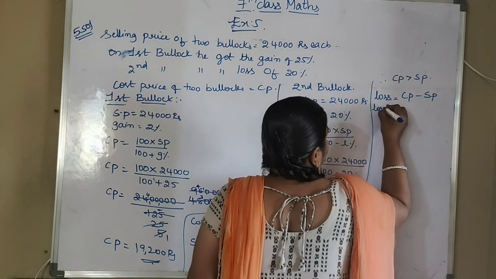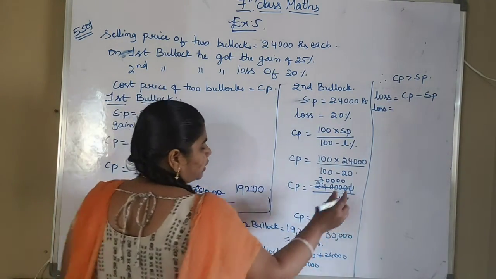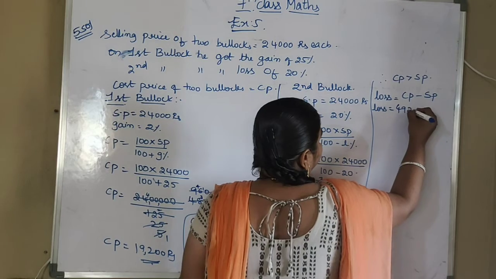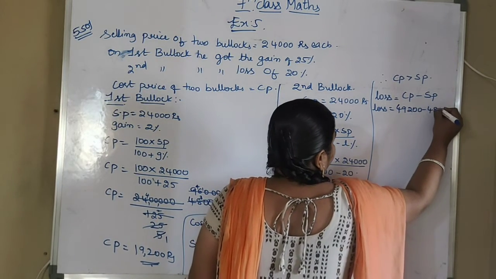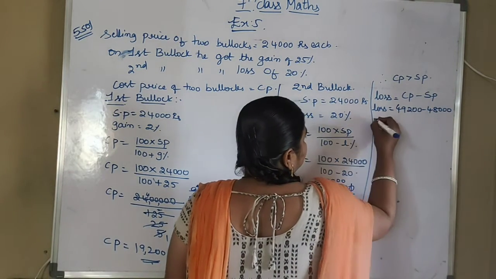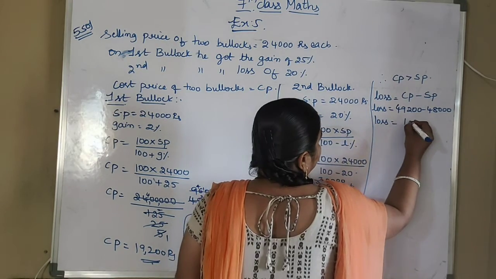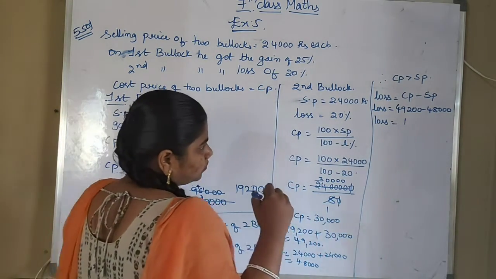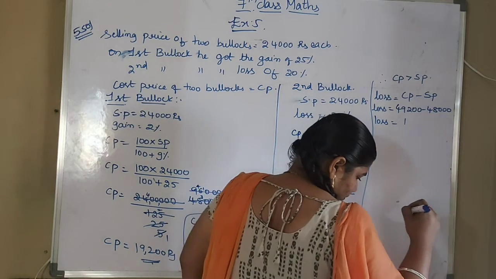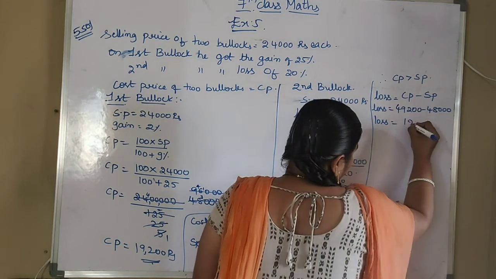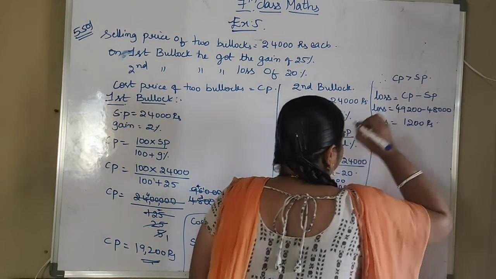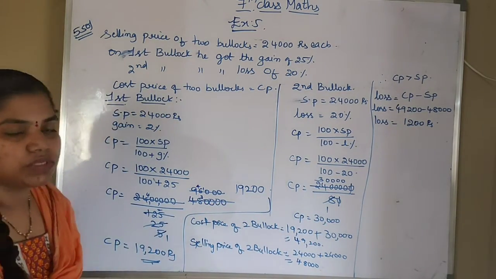So loss is equal to CP, that is 49,200 minus 48,000 rupees. So loss value is how much here? 1,200 rupees. So he got a loss of 1,200.